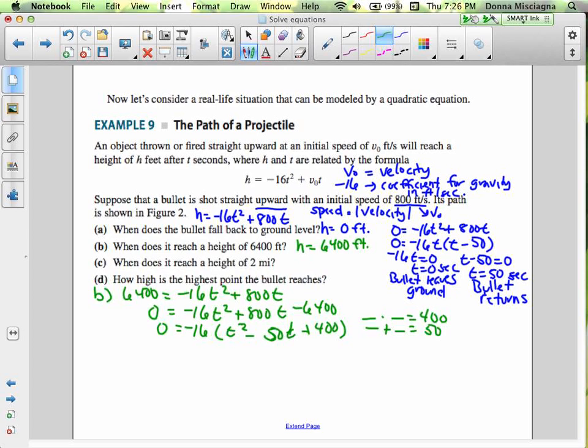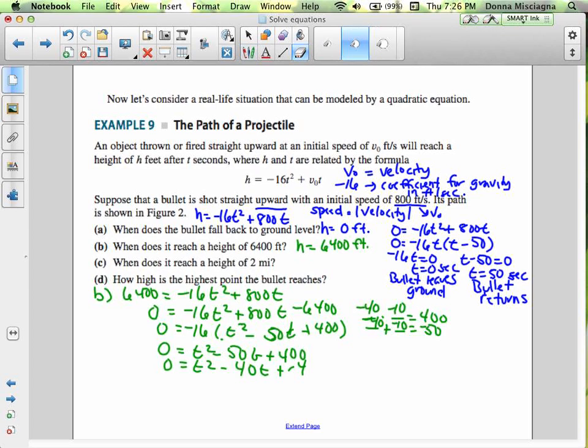So multiplies to give us positive 400, adds to give us a negative 50. Well, that's going to be negative 40 and negative 10. All right, and so actually, we can divide both sides by negative 16, and that will give us 0 equals t squared minus 50t plus 400. All right, so we'll replace the negative 50t with a negative 40t and a negative 10t.